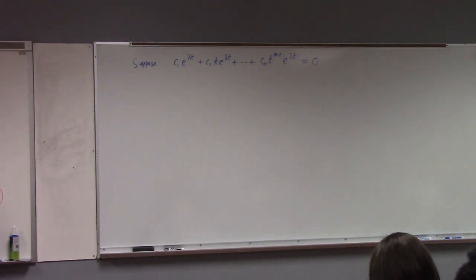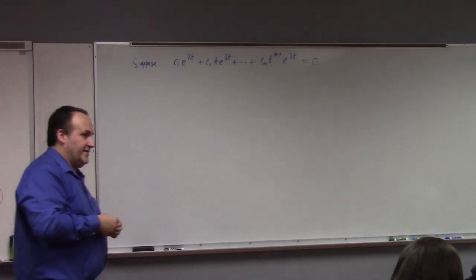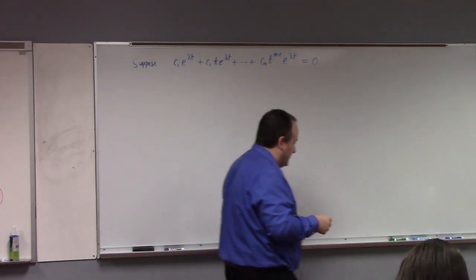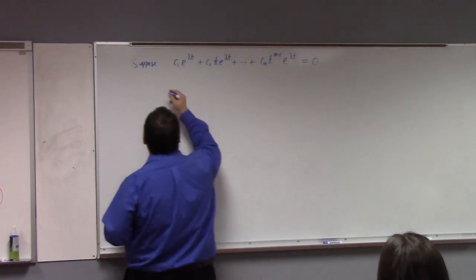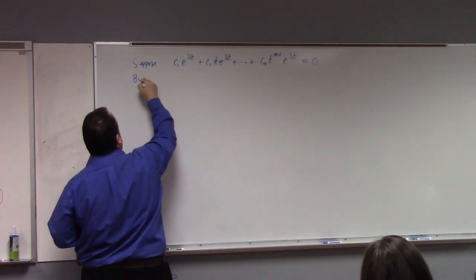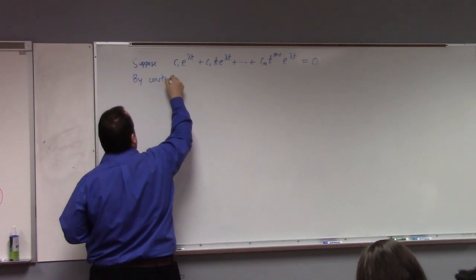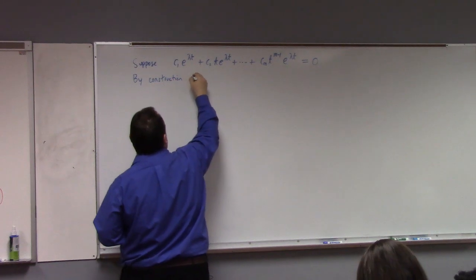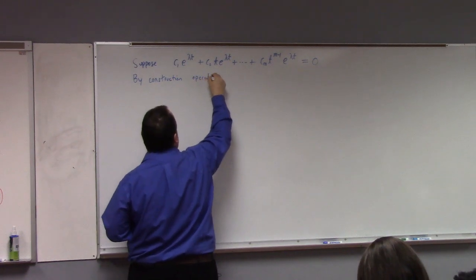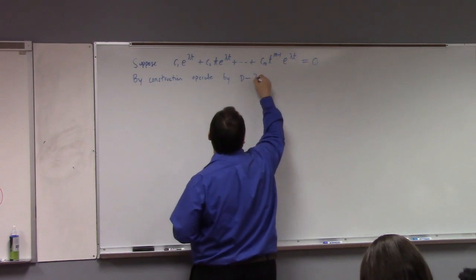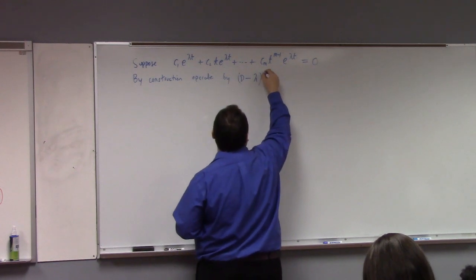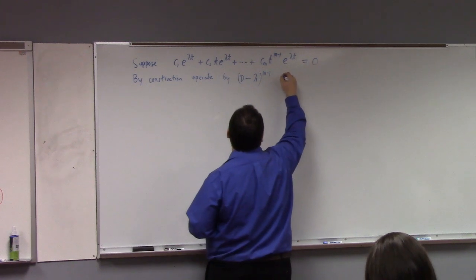We can also, foolishly, try to calculate the Wronskian directly in this context, like I tried to do today. Even for 3, it's onerous. This argument, on the other hand, will be somewhat easy. So by construction, operate by d minus lambda to the m minus 1 power.